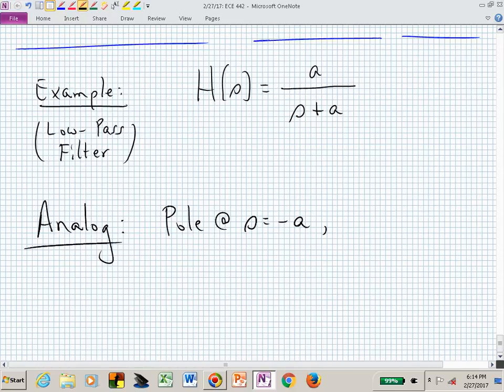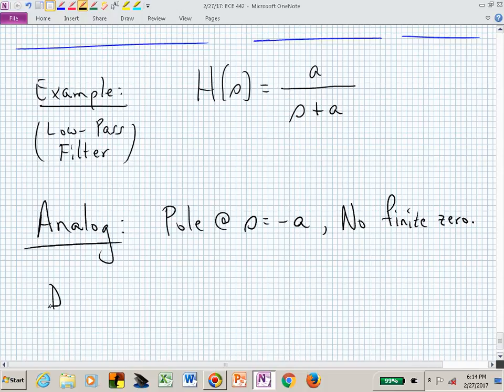Is there any s in my numerator? No. We have no finite zero. The reason I'm saying finite is because we do have an infinite zero. If you let s go to infinity, H(s) would vanish. So we have a zero at infinity, but typically we just keep track of finite poles and zeros.